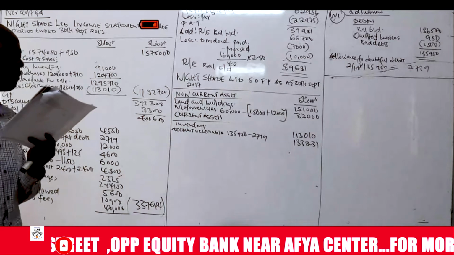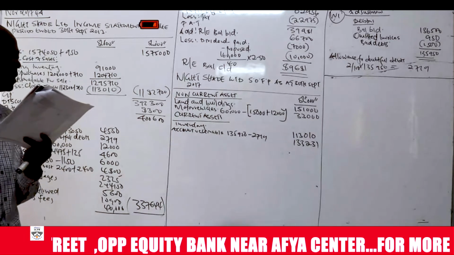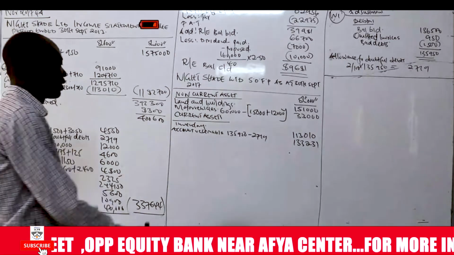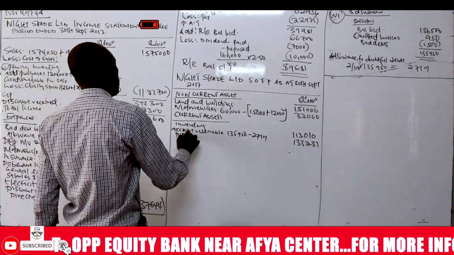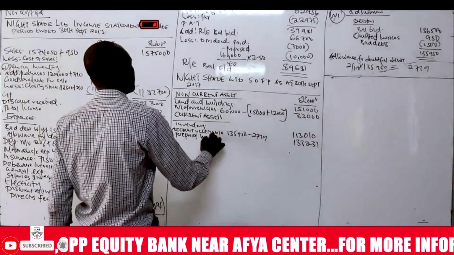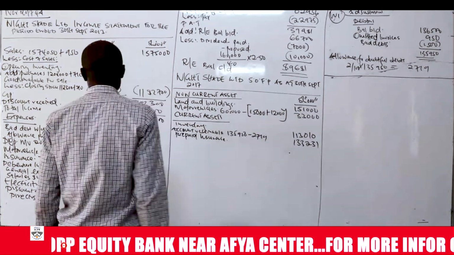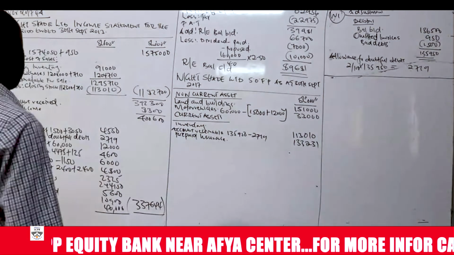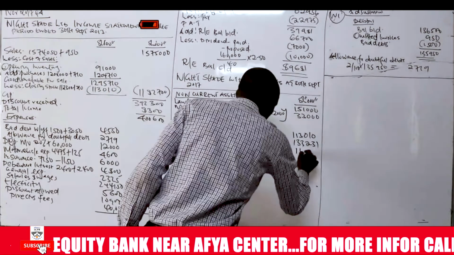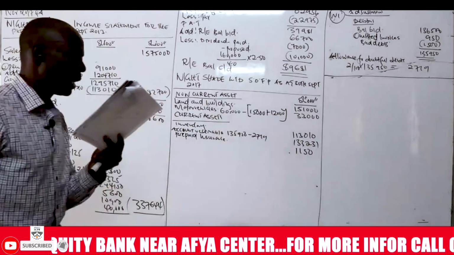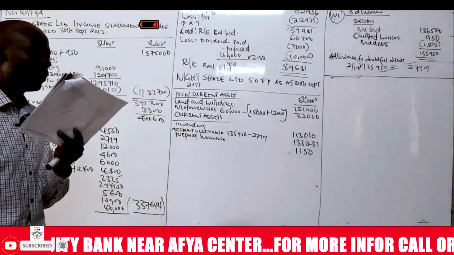And then we have prepaid insurance. How much was it? 1,150.